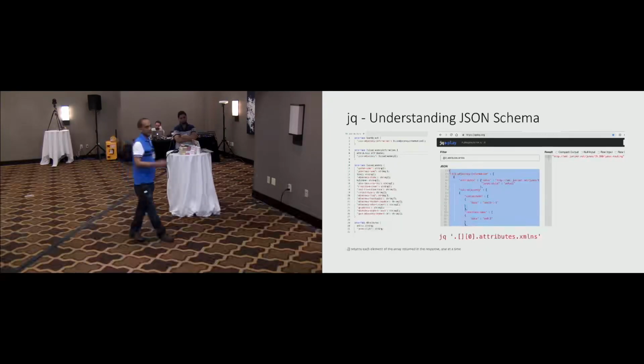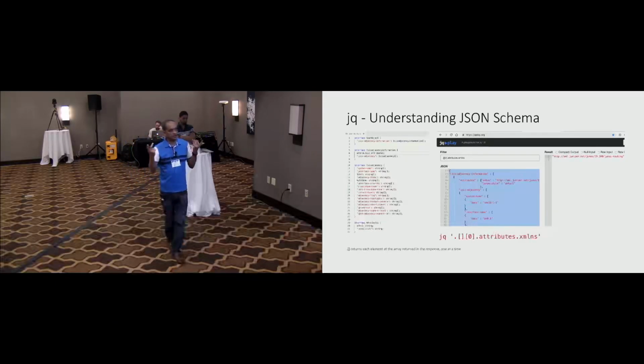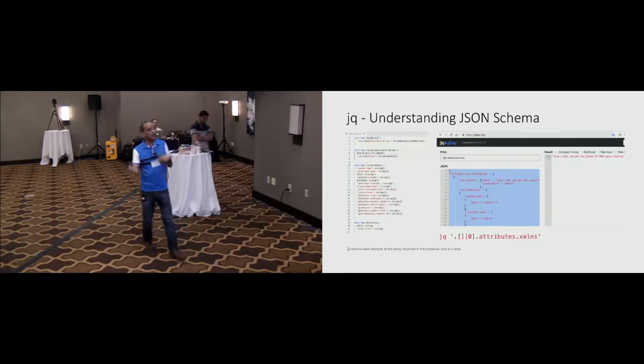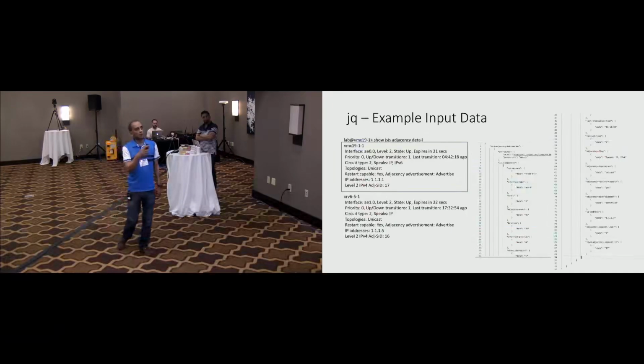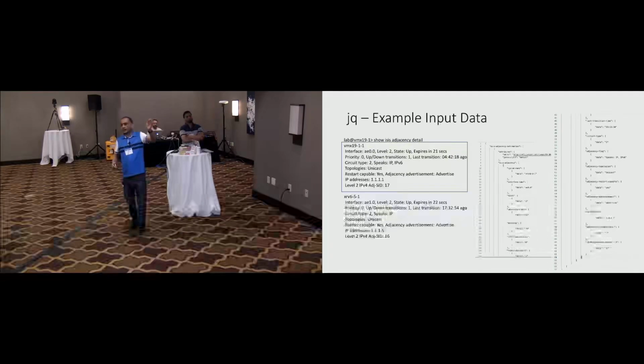The first one after the dot is two square brackets, opening and closing, which is like a flat map of a functional programming language. It takes out the outer array, the top array after the ISIS adjacency information, and gets you into the contents after that.